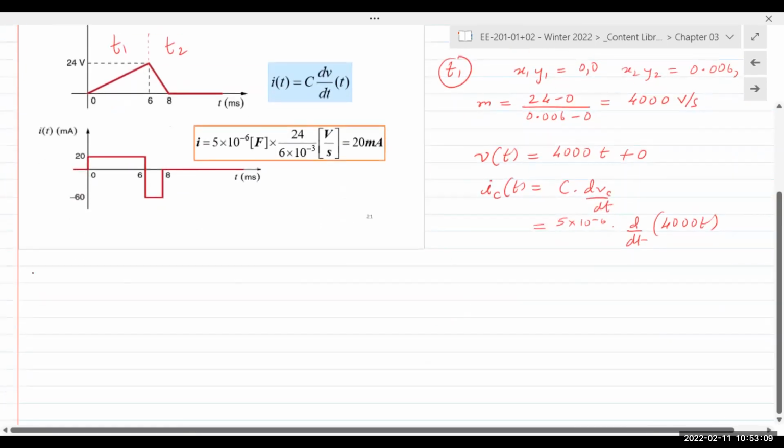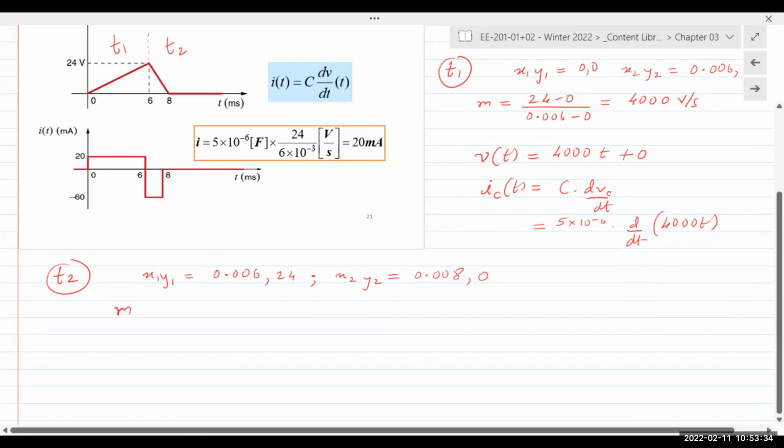The second portion for T2, X1, Y1 is going to be 0.006 and 24. X2, Y2 is 0.008 and 0.